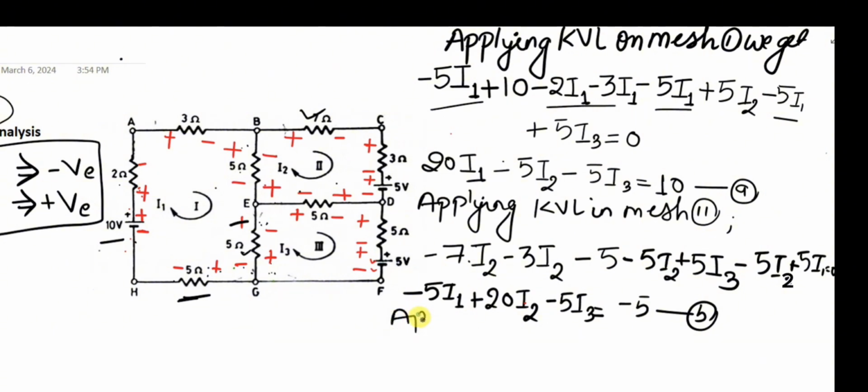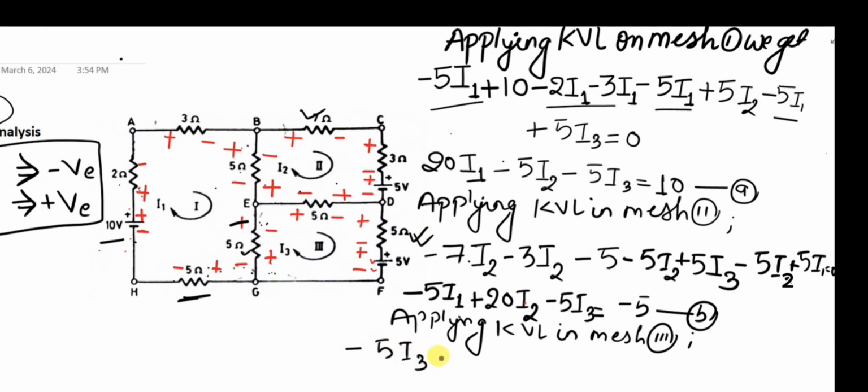Again applying KVL in mesh 3. While applying KVL in mesh 3, you have to notice the meshes. Let's start from this point, this 5 ohm. It's plus to minus, minus 5 I3, then minus 5, then minus 5 I3, then plus 5 I1, then minus 5 I3 plus 5 I2.